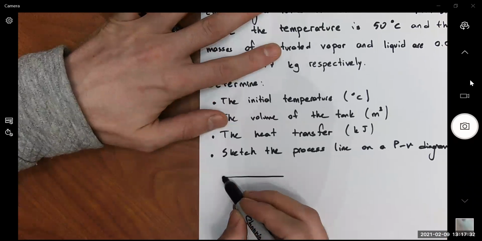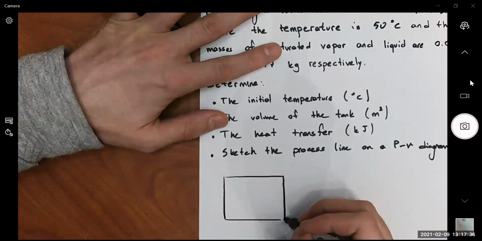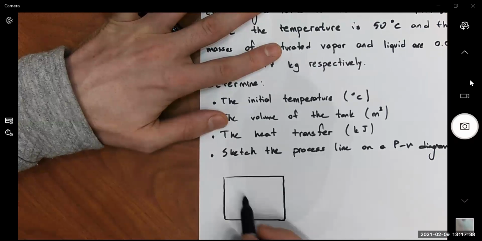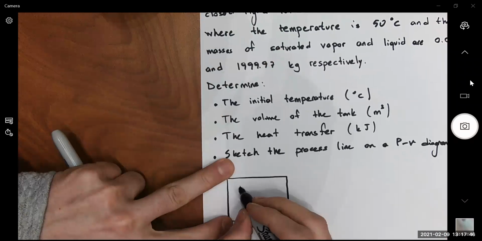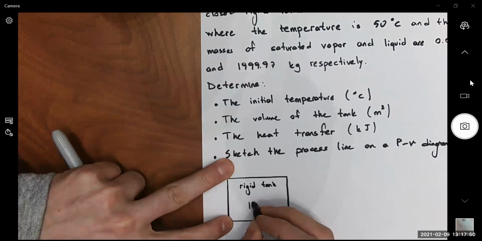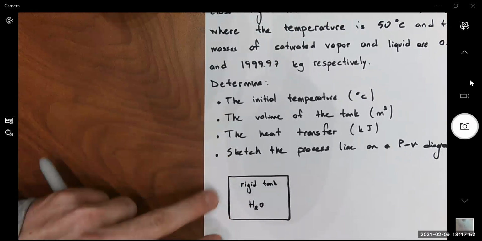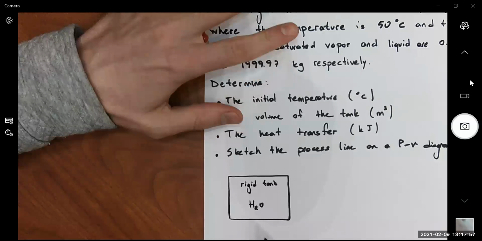I have a closed rigid tank, and have H2O, the pure substance, right?